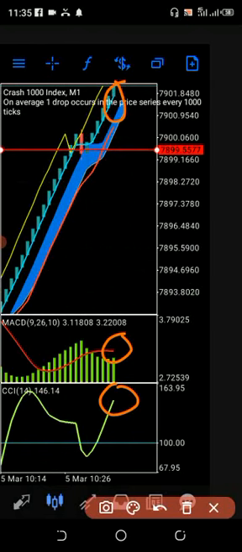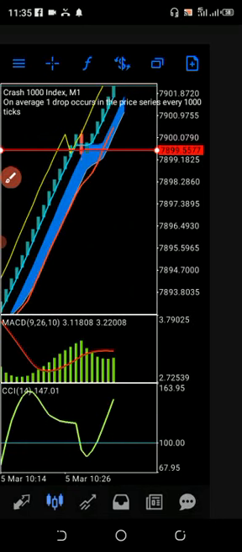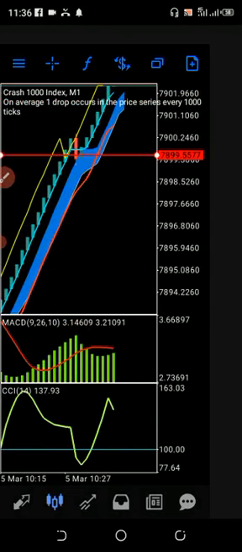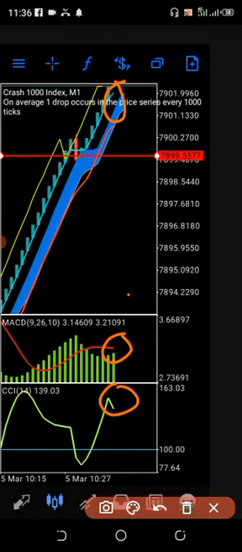So in your 1 minute time frame, anytime you see a spike drop, how will you know that more spike is coming? Have you seen how this thing is making a curve? Watch here. Have you seen?